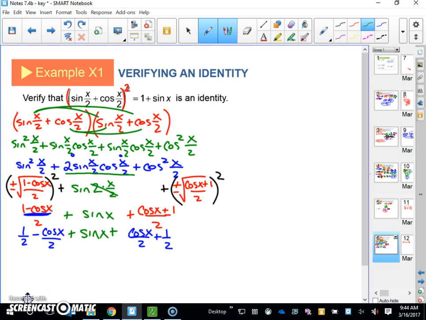And a couple things will happen. One thing you would notice is those cosine terms cancel each other out. And you'd also have 1/2 plus 1/2 is 1. And then this plus sine x comes down. You get 1 plus sine x. And if you notice, that's exactly what we wanted. We're trying to prove that the left side equals the right side. And that's what we got. And that's it.